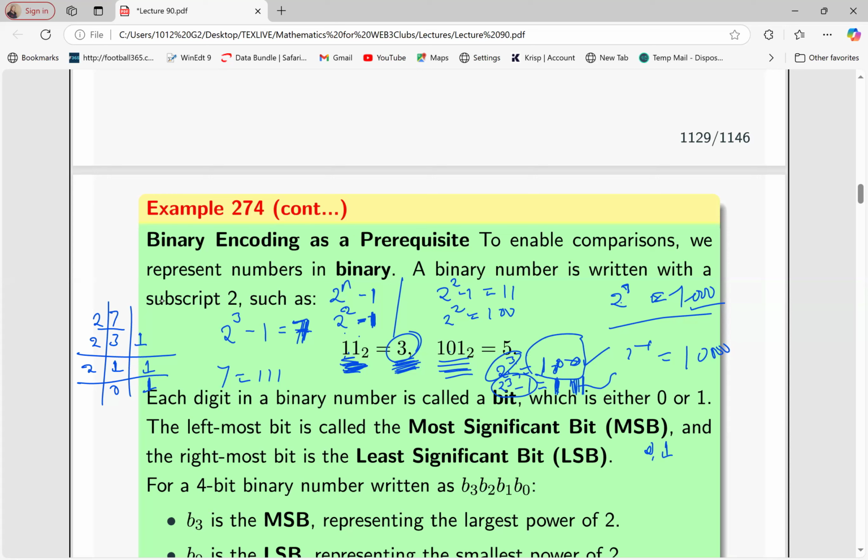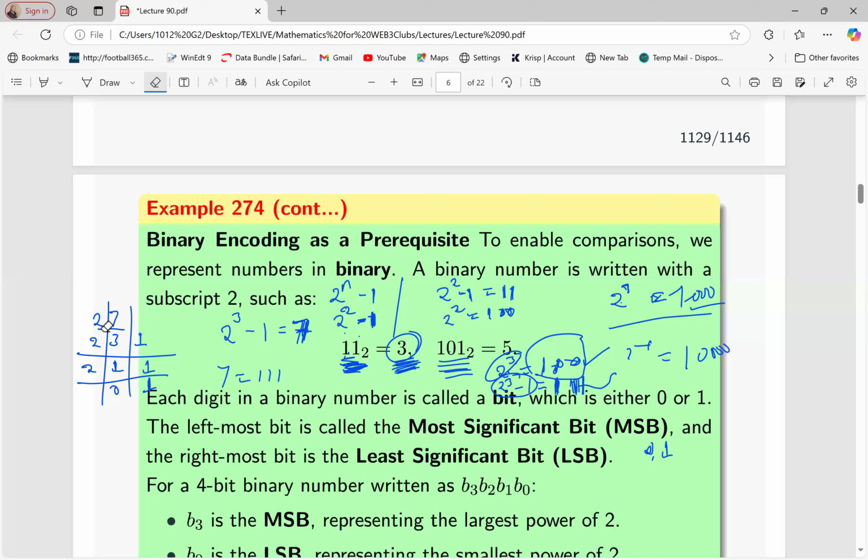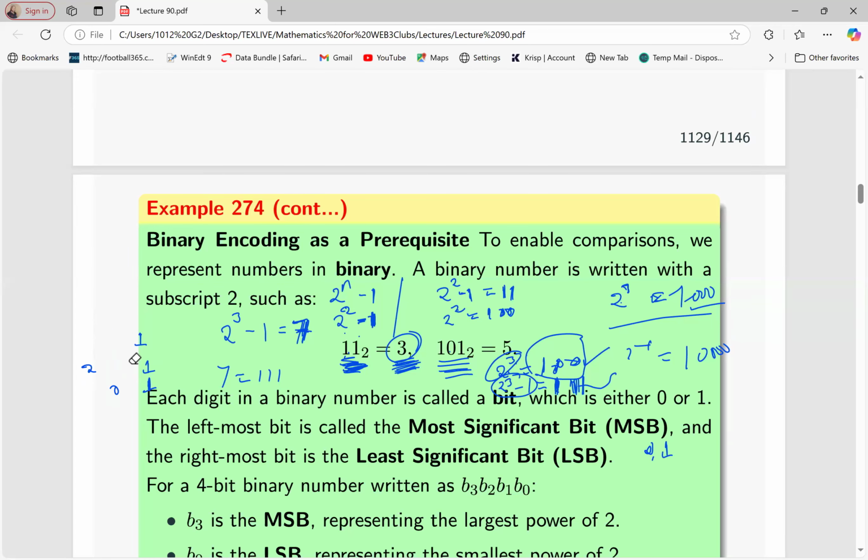Now, when we came to 2 raised to 2 minus 1, it had 2 bits, 1, 2. And 2 raised to 2 had 3 bits, 1, 2, 3. So you can see the bits will be telling us this one is greater, this one is smaller, when you count how many bits it has.